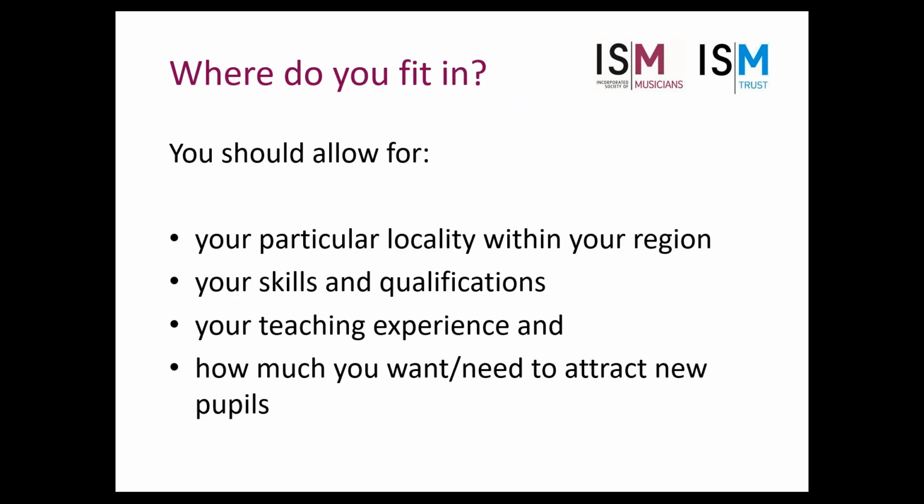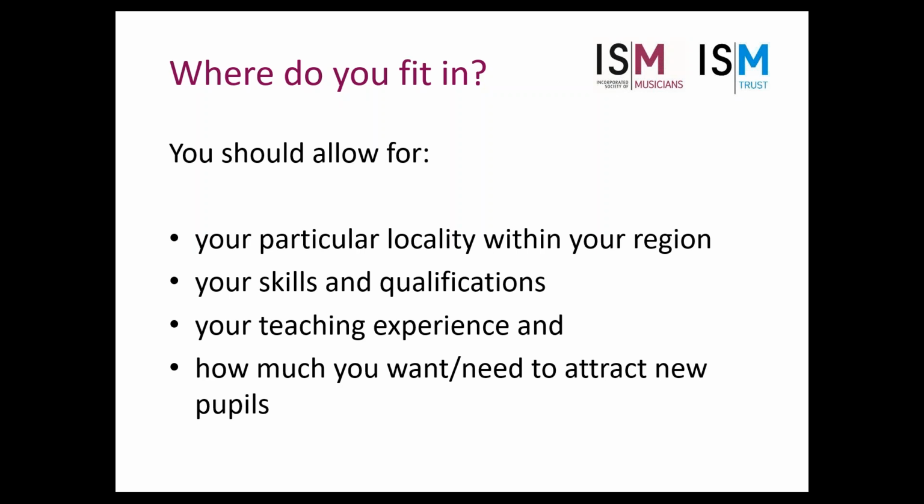Have a think about where you fit in as well. This slide follows from the previous slide to the extent that it's all about understanding your circumstances and using your judgment to make decisions. These points are really about you and your own background and experience as a professional teacher, and where you are now, both geographically and also in terms of your career. We've touched on location and external factors, so the next things to ask include how long you've been teaching, what your qualifications are, and how specialised you are.